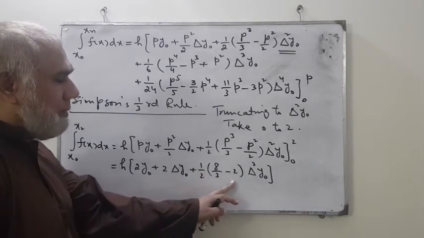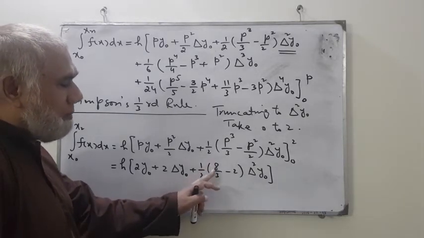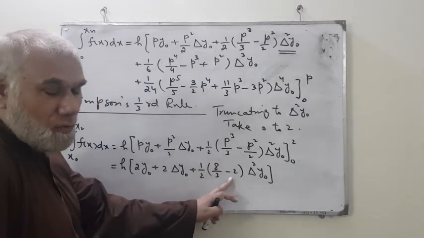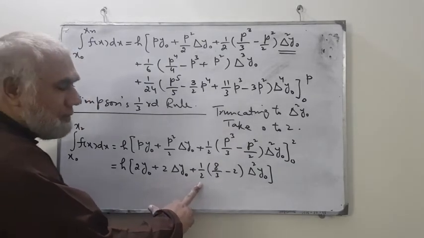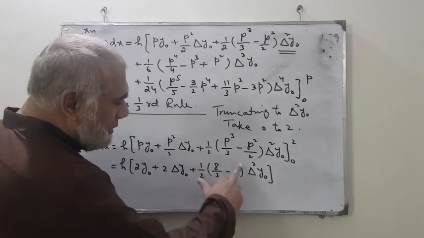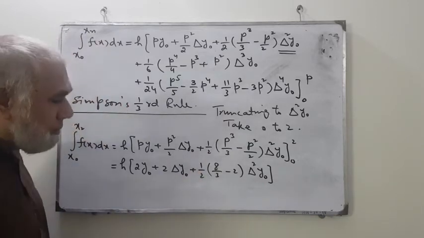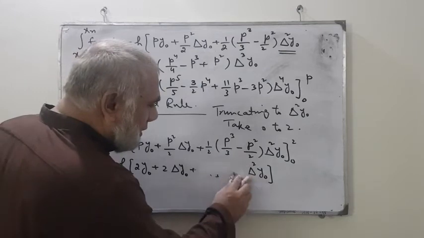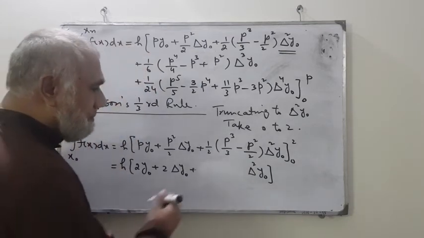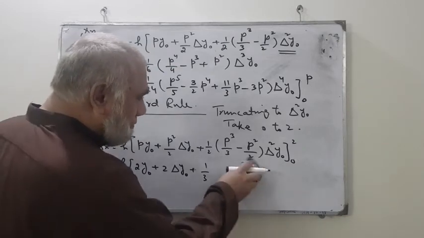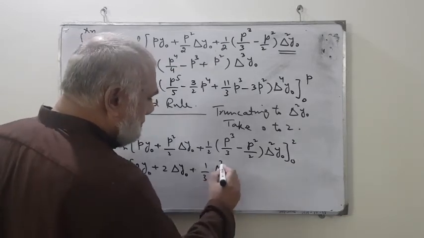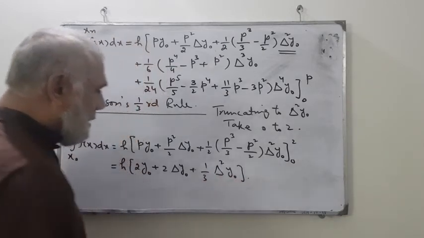Now if you simplify this, 8/3 minus 2 gives you 2/3, and the 2 can be dropped with the outside 2, so the net result is 1/3. So I am replacing this by 1/3. Okay.